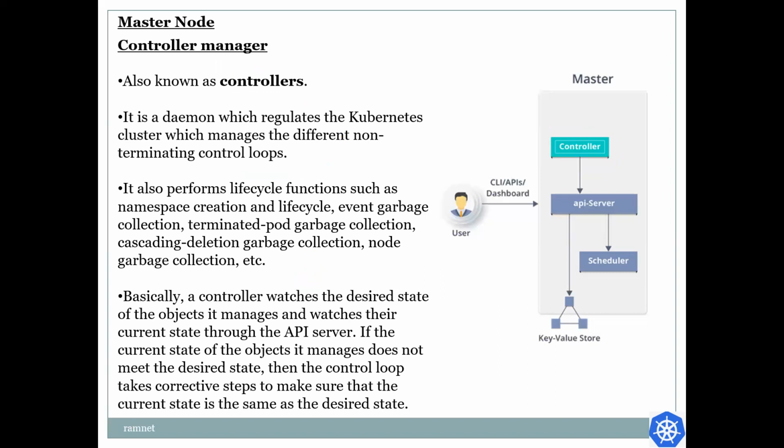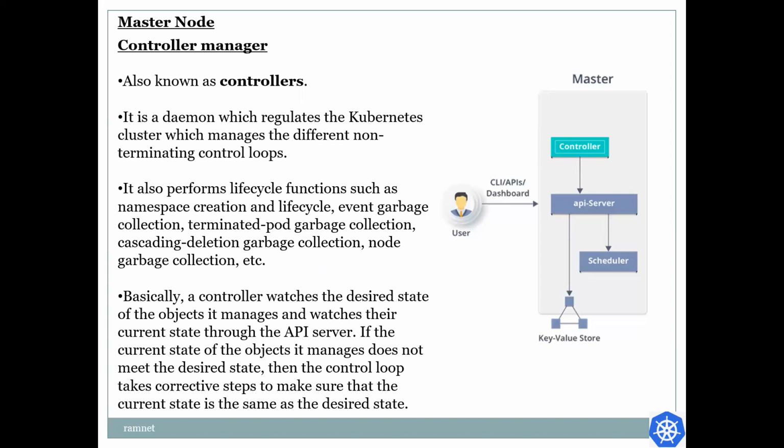It also performs lifecycle functions such as namespace creation and lifecycle. Namespace creation is, in the sense, identifying your pods and other things. Event garbage collection is normally required for us. Then terminated pod garbage collection, cascading deletion garbage collection, node garbage collection, and other things it does.